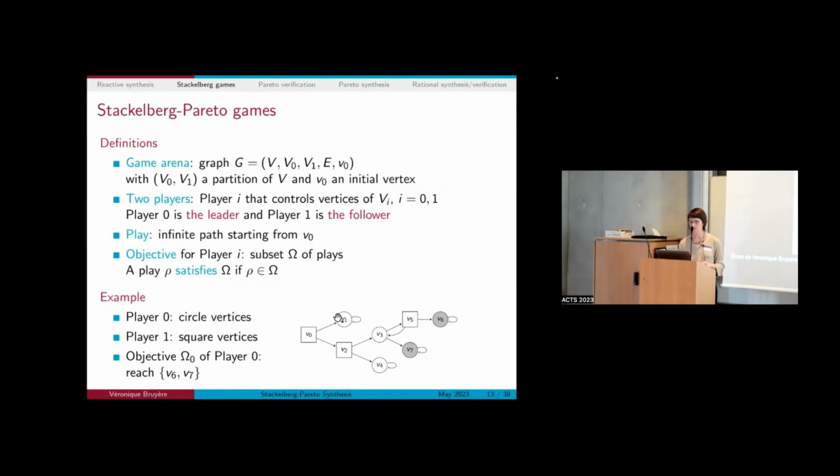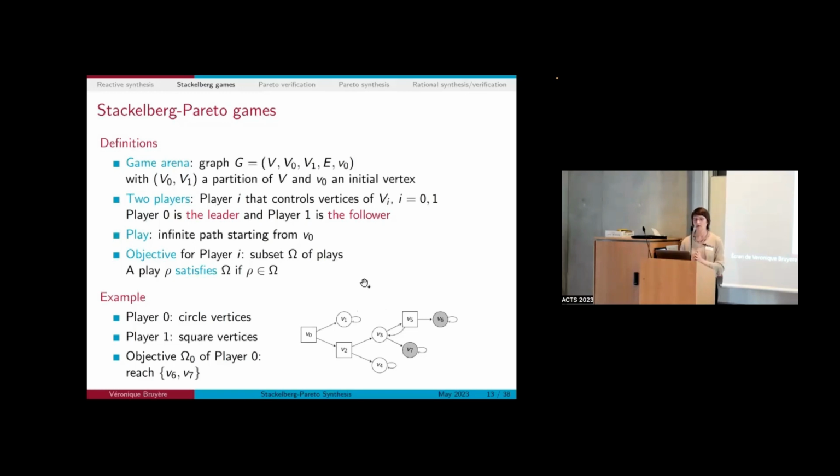And in my example, he controls the cycle vertices. And player 1 is the environment, so the follower. And in my example, he controls the square vertices. So the two players begin to play at the initial state V0, and they play in a turn-based way by following a certain play, infinite play.